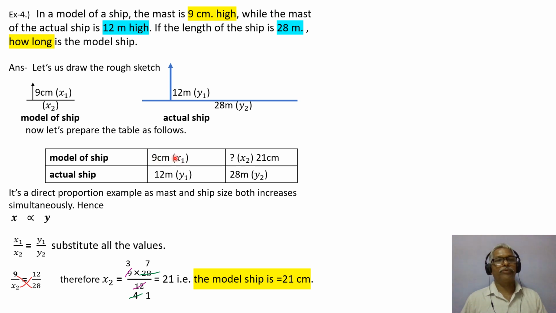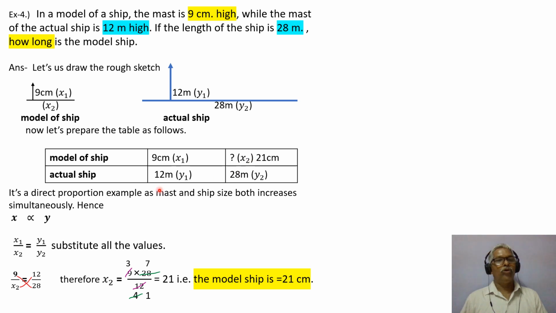9 centimeters, and the length which we have to find out. For the actual ship, for 9 it is actually 12. Then for actual 28, how much is this? I have written this after calculation. Originally it was only this much.